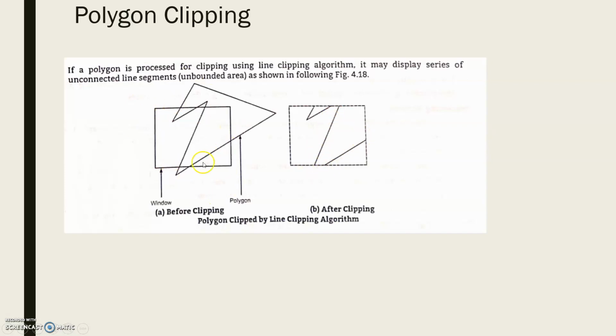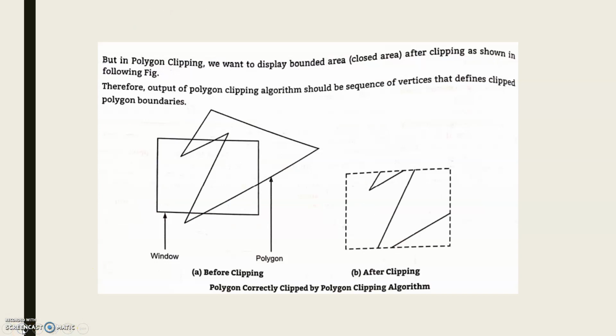In this diagram, you can see that only this portion is inside the clipping window, and the portion which is outside the clipping window is discarded. This is again explained here. This is your window and this is your polygon.